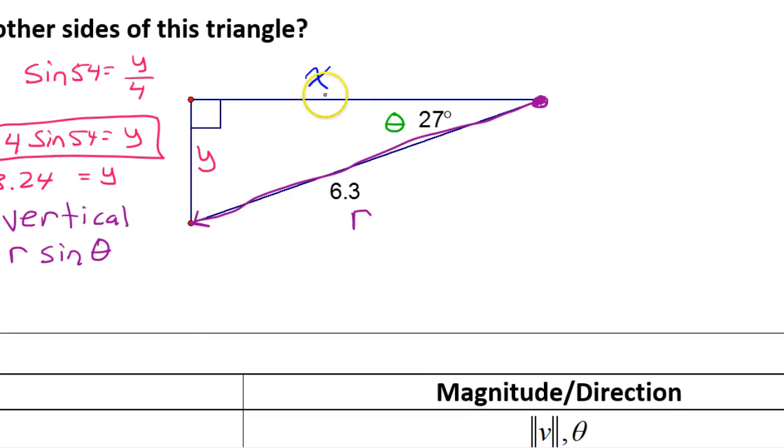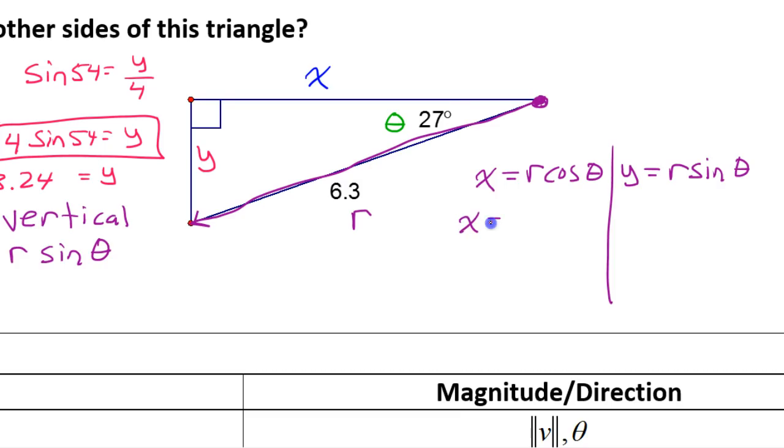Now the x is the horizontal component, and we have now learned that the horizontal component is always going to equal r cosine theta. Meanwhile, y is the vertical component, and we've now learned that the vertical component is always r sine theta.